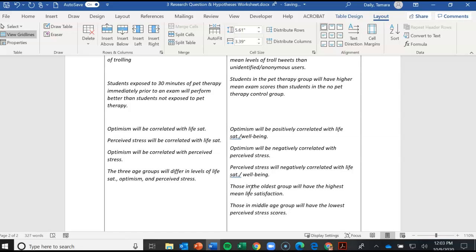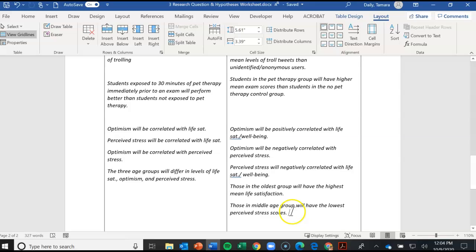Now, this morning I didn't find a specific result about optimism, with the exception of one brief finding in the same Gupta article that the older age group tended to report the highest level of optimism as well.